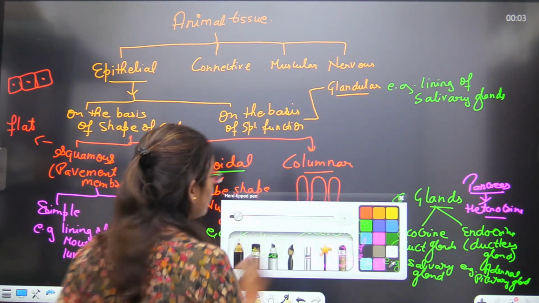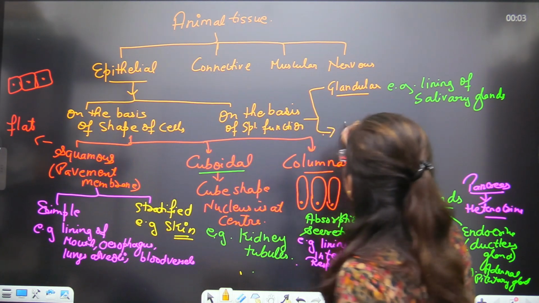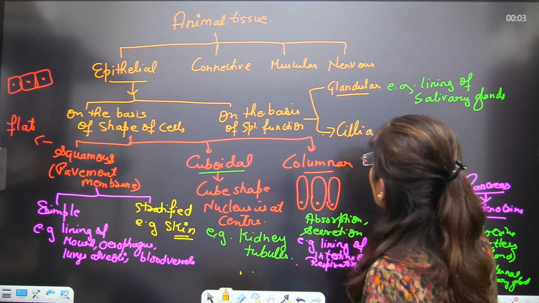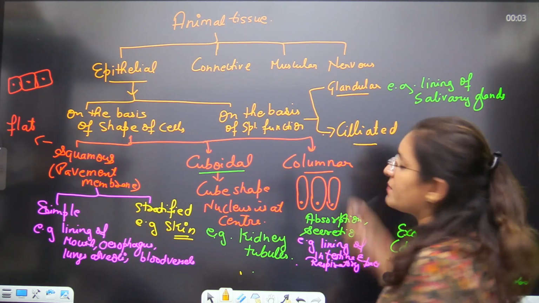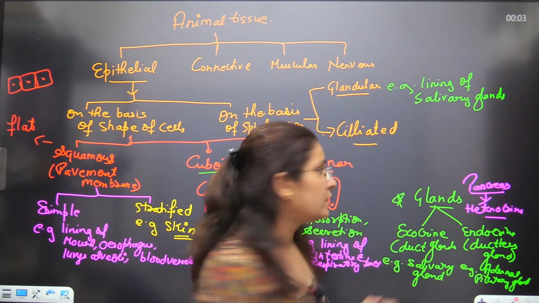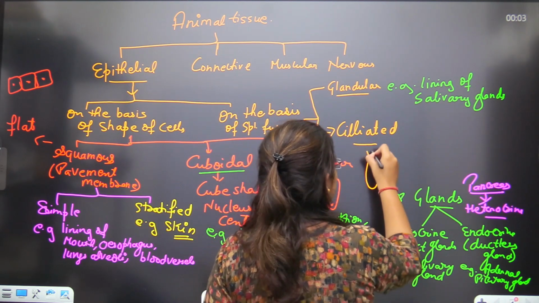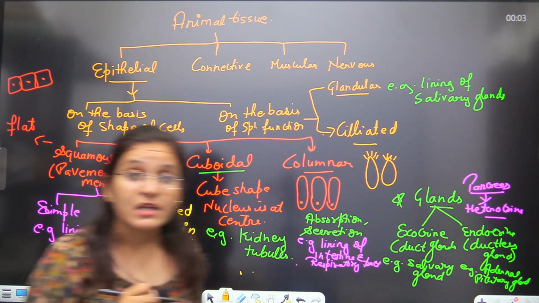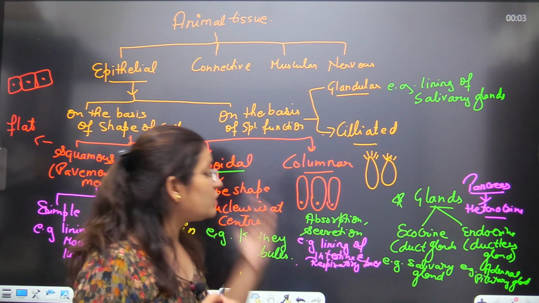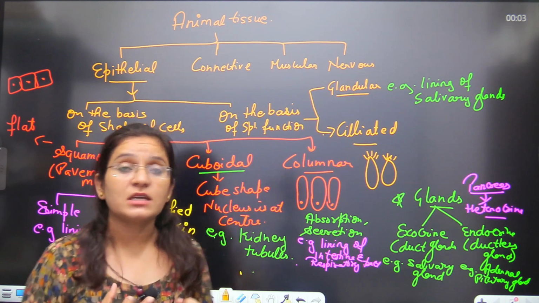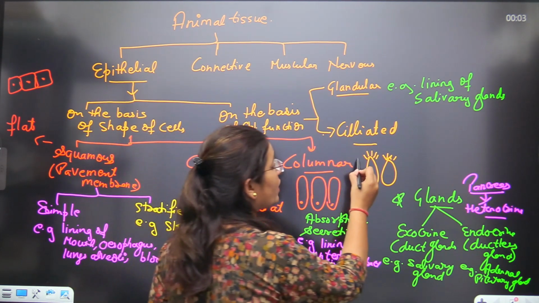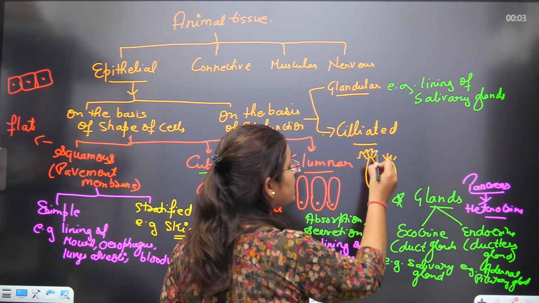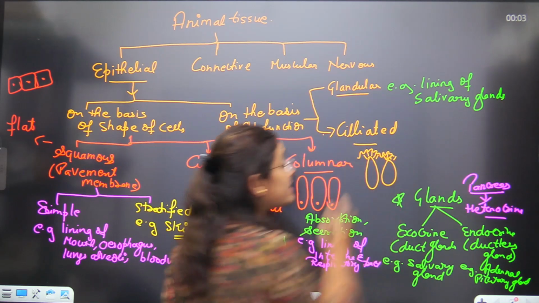Now we move to the next, ciliated epithelial tissue. These columnar shaped cells have small hair-like structures that increase the surface area for absorption. The major function of columnar epithelium is absorption and secretion. Now cilia will be present, hair-like, which increases surface area so that molecules move with a large surface area.